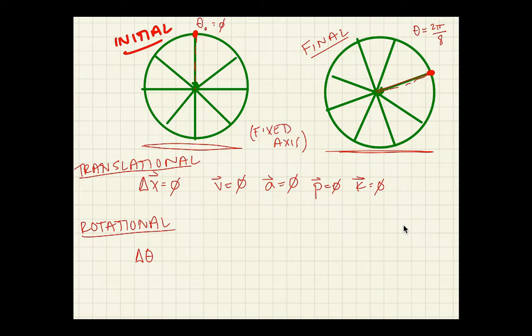So we could say this object has rotated a total amount of 2 pi over 8 radians as an angle of rotation. So what we're doing here is we're drawing an analogy between physical displacement and rotational displacement. In other words, this term here, the change in theta, is what we would call rotational displacement.